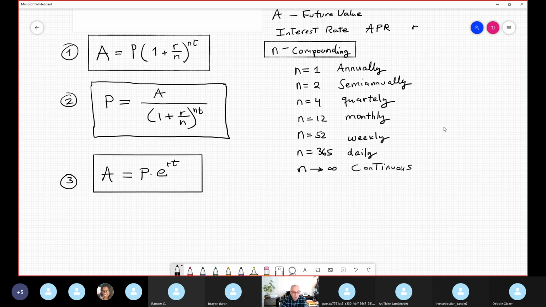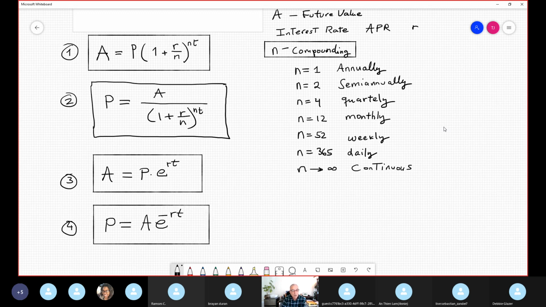It's a formula where that part is reduced like e. And the number 4 formula is exactly the same for the present value. Present value is equal to future value times e to the minus RT because it's a division. So you need to keep in mind that in finance, we use these 4 formulas, depending on the problem.